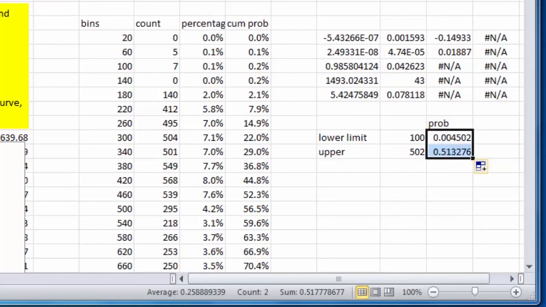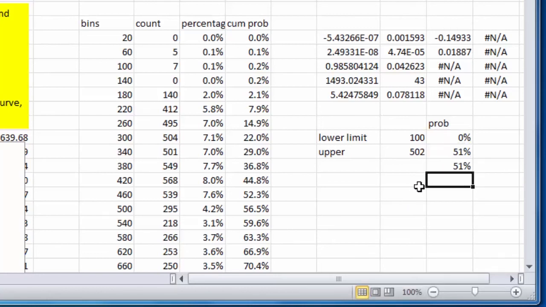So these are percentages. 500, 100, about 0, 500, about 50, this says 56, this says 51. So it's kind of close, and the difference is this minus this. So that's the probability that's between 502 and 100.